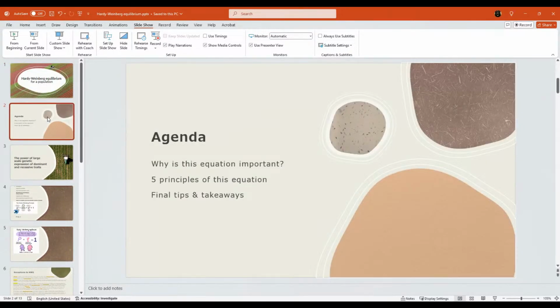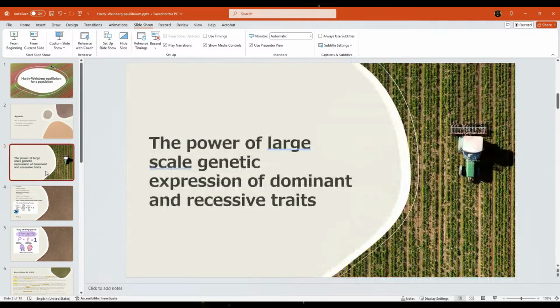So we're going to discover why this is important. There are five principal assumptions of this equation, which may not always hold true. Final tips and takeaways: the equation only works for large-scale expression of dominant and recessive traits. In other words, this is not a calculation you can use in your yard to figure out your own dogs.